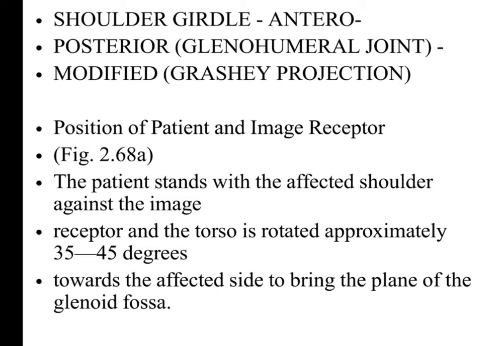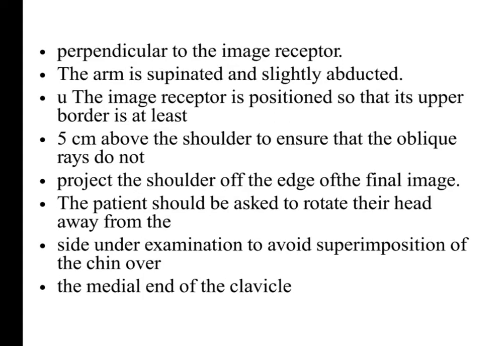The patient stands with the affected shoulder against the image receptor, and the torso is rotated approximately 35 to 45 degrees towards the affected side to bring the plane of the glenoid fossa perpendicular to the image receptor. The arm is supinated and slightly abducted.